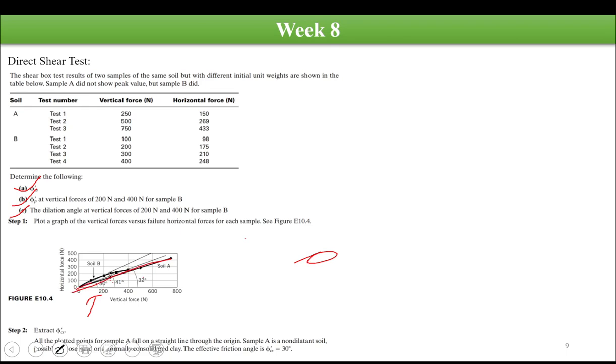Because the first sample is not showing a peak behavior, the angle obtained from soil one will be the critical state friction angle. So that will be phi dash CS. To obtain this angle, we can take two values, or we can best fit the line between these three observations, and we obtain the friction angle by setting c as 0.